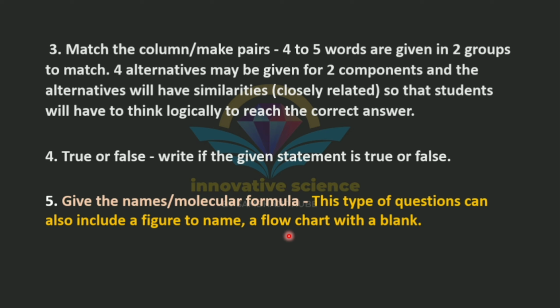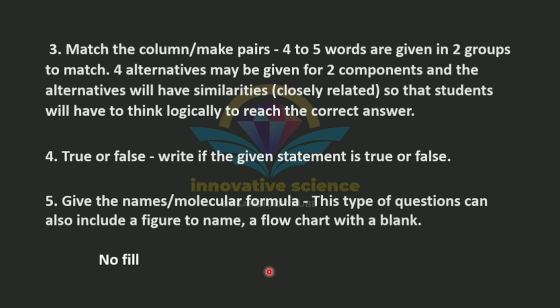It means they can give you any diagram or chemical reaction or molecular formula, and you have to give its name. They can also ask you to tell any molecular or structural formula of a particular compound.